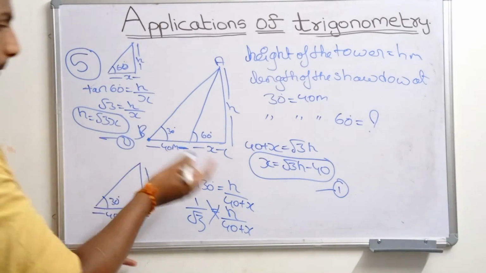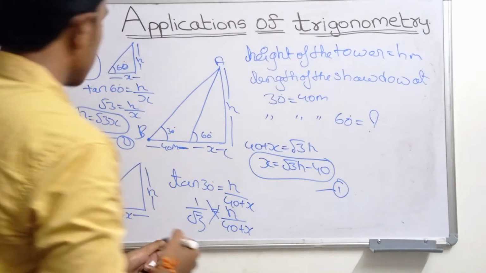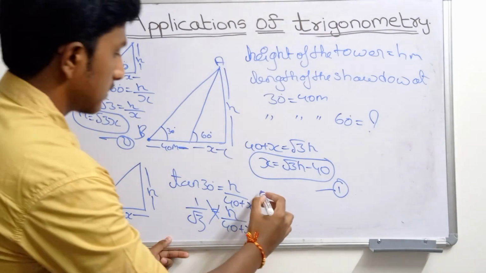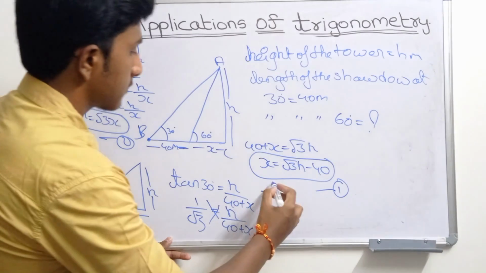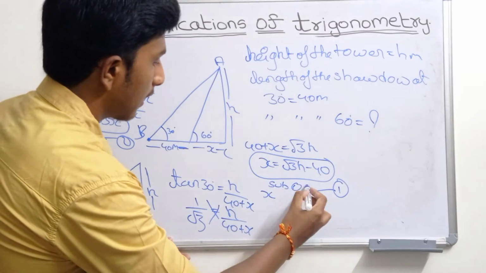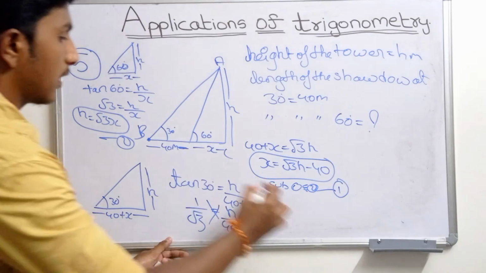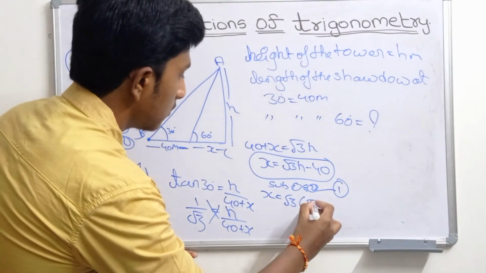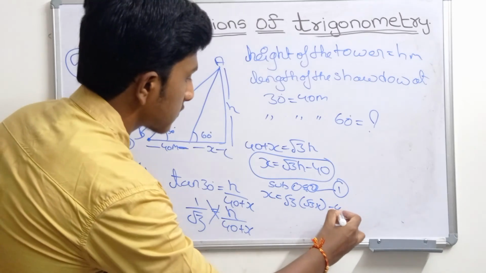So on solving both the equations, h can be written as root 3x. On substituting 1 and 2, x is equal to root 3 into root 3x minus 40.